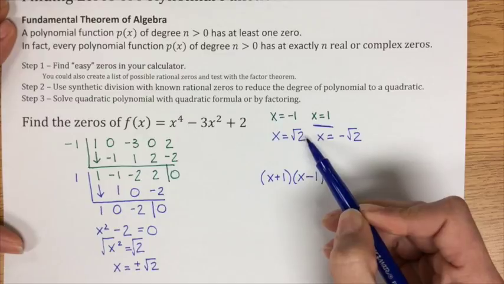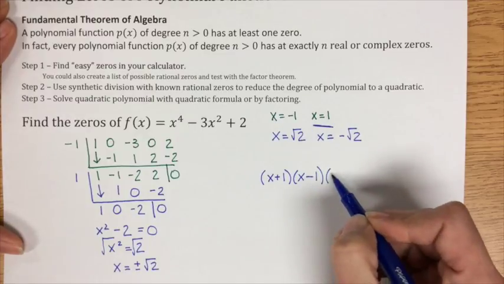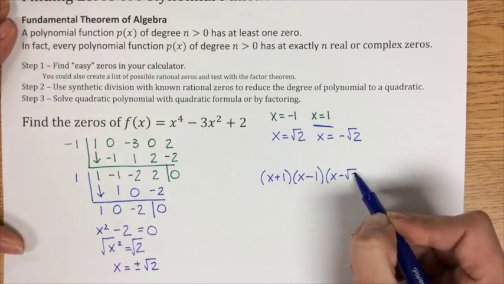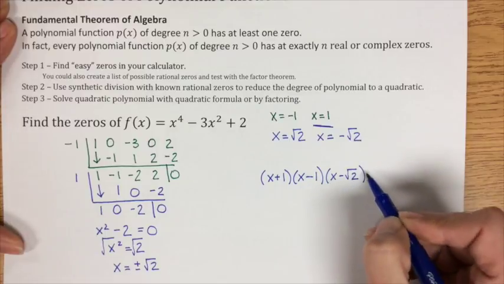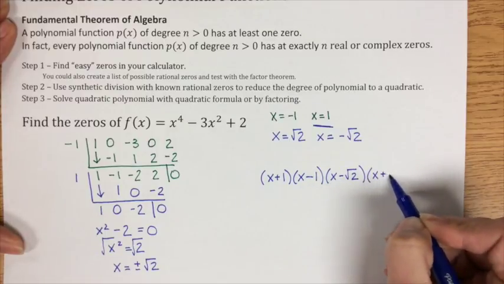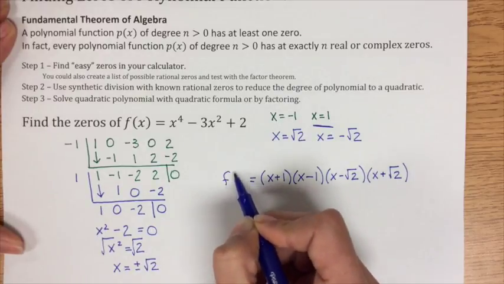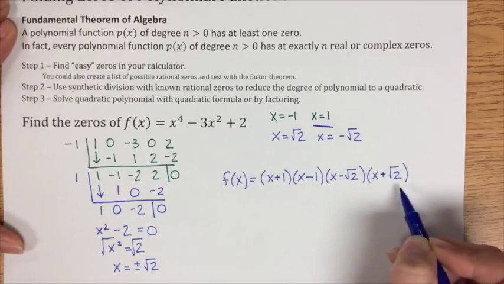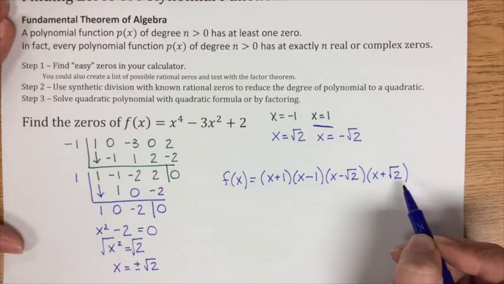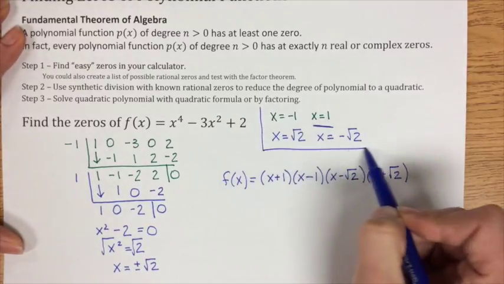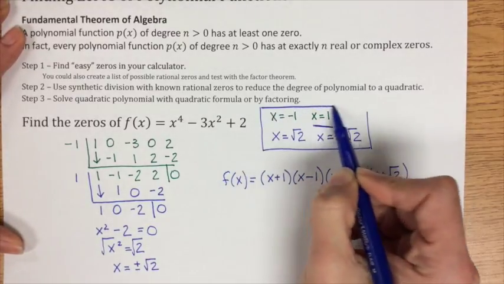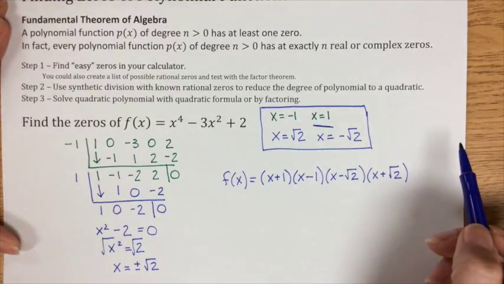We can turn square root of 2 into a factor, and that would be x minus the square root of 2. And this one would be x plus the square root of 2. So here is a polynomial function in factored form, or here is a list of all 4 of the zeros of this polynomial function.